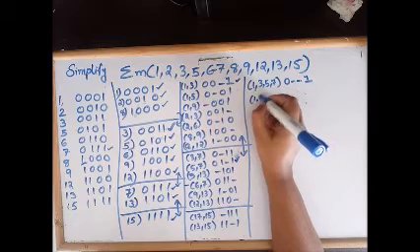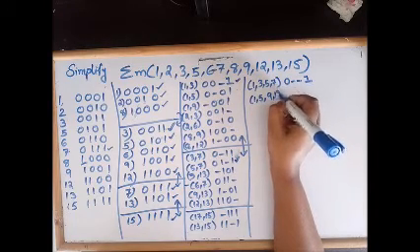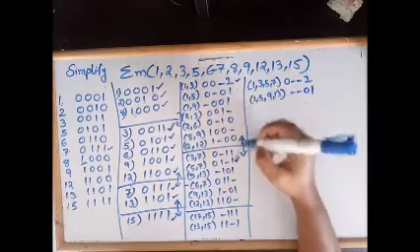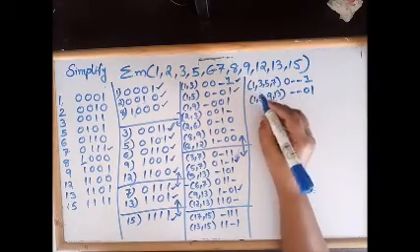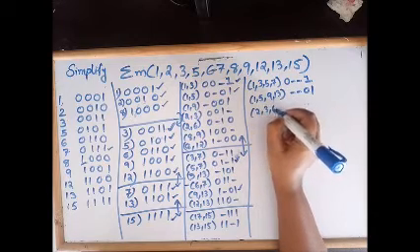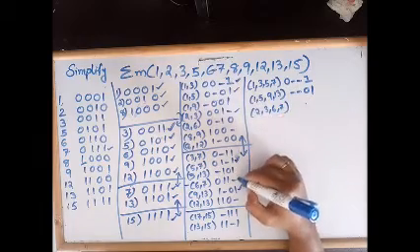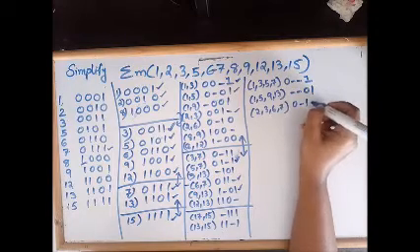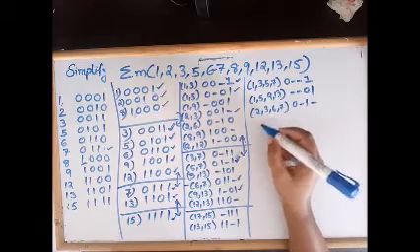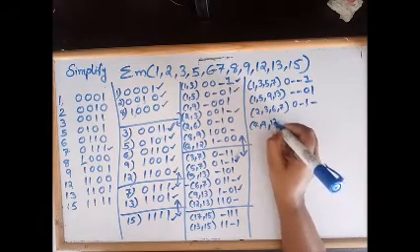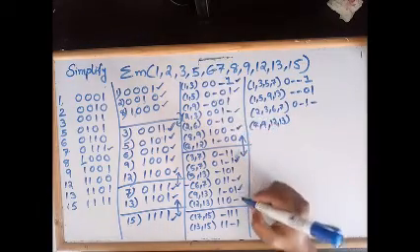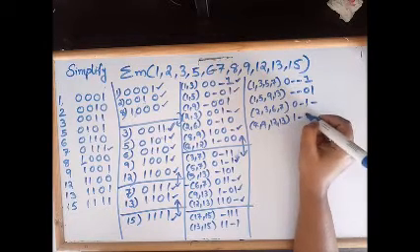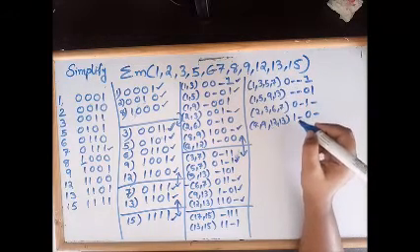It will be 1,5,9,13 with dash dash 0 1, and then it will be 2,3,6,7 with 0 dash 1 dash, and then the next possibility 8,9,12,13 with 1 dash 0 dash.